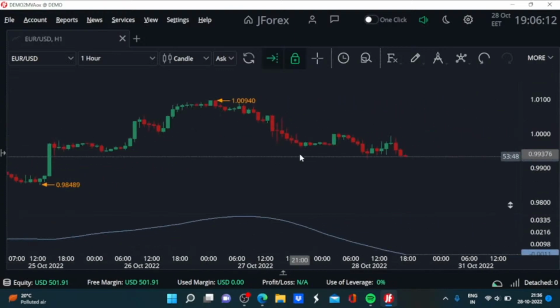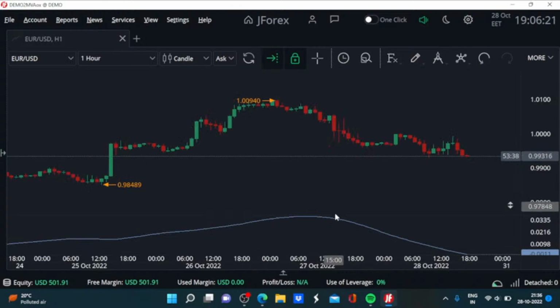So there are these ways, and of course you can always come up with new ways to figure out the directional bias for the underlying instrument, and in that scenario you can use this indicator for designing a trading system which you feel is likely to have a higher probability of making money than losing money.